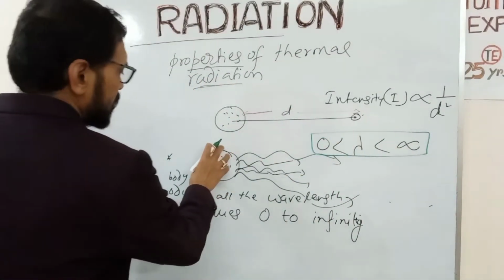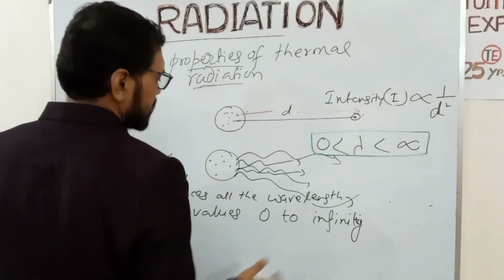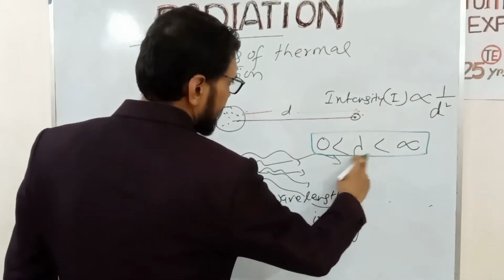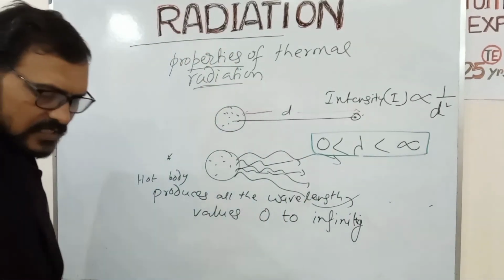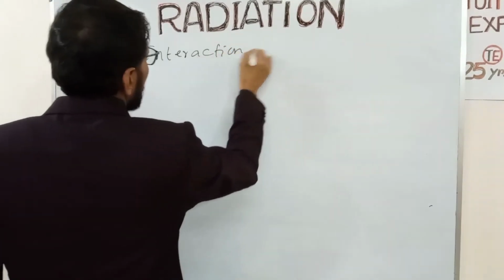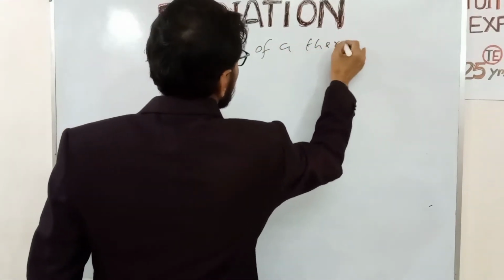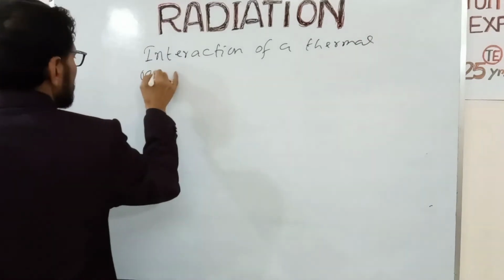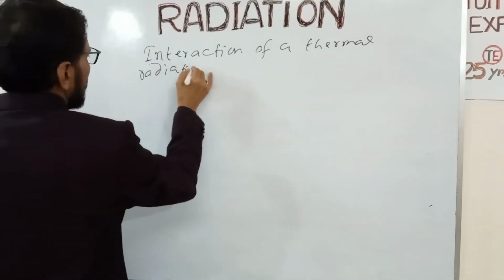So a hot body produces all the wavelengths whose range lies between 0 to infinity. So these are the properties of thermal radiation.